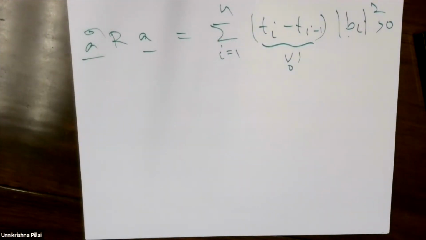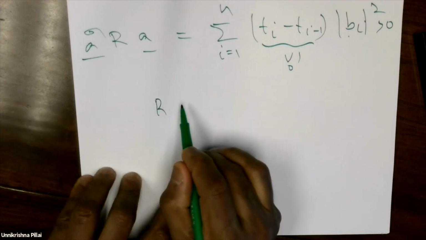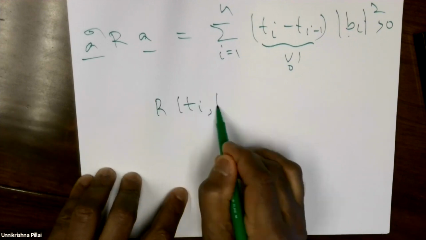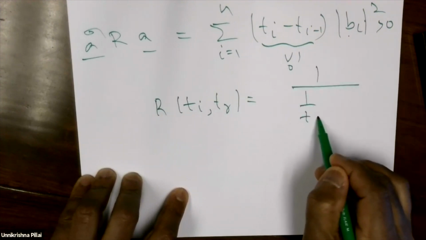You cannot do this unless you see things like this. These are ideas and techniques. This is why you need to see a few things, then you can follow similar stuff. So use the same argument to show that if I define R(ti, tj) to be, I'm going to leave it to you.